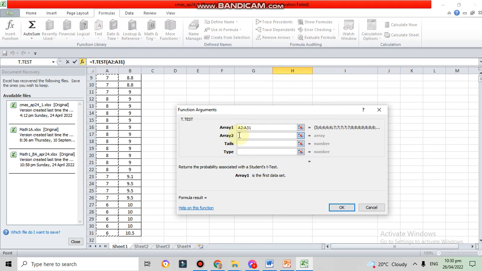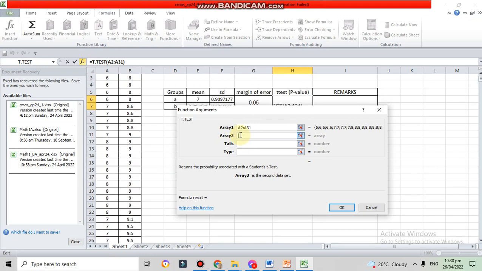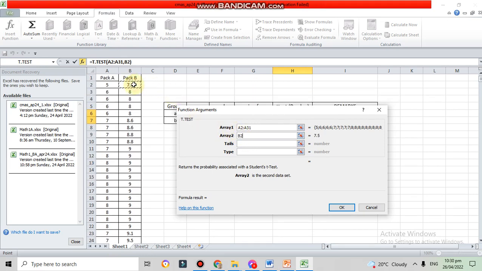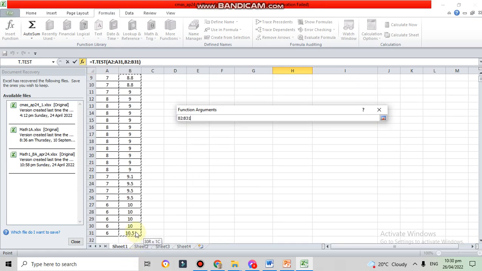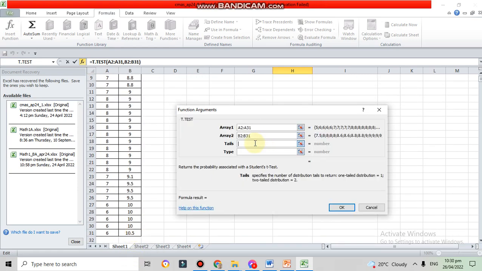This is it. How about array 2? So you left click and hold first number of pack B towards the last number. This is it. Then since we are interested in finding the significant difference, we can type 2 for two-tailed distribution.